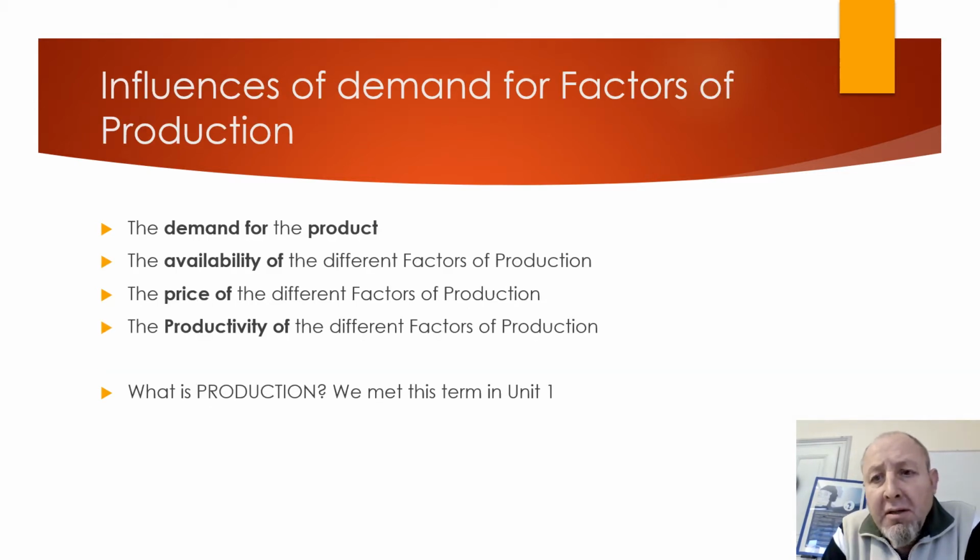So in this particular slide, we're looking at influences of demand for factors of production. Well, the demand for the product. If there is a demand for a certain product, for example, the mobile phone, notebooks, laptops, iPads, they all need batteries.